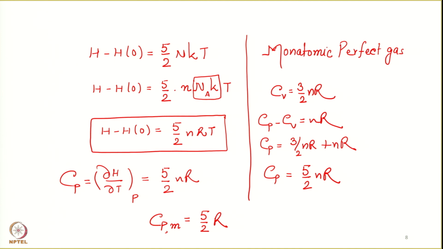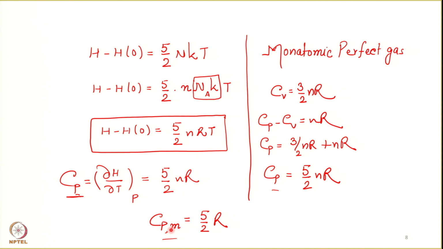So do not get confused when you come across Cp or Cpm. Cp is the heat capacity for a given size of a system. Cpm is the heat capacity for 1 mole of the system. Therefore, you should always be able to interpret whether we are given Cp or Cpm, and accordingly apply these expressions further.